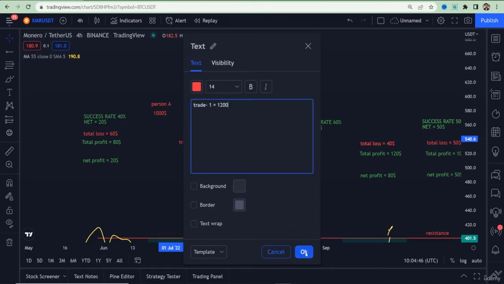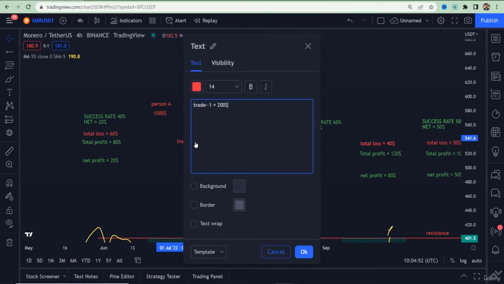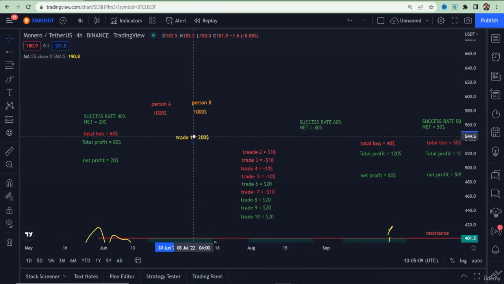So his total would be $1,200. Trade 1 is equal to $200. I'm just trying to explain something, just try to understand it my way. So he did trade 1, made $200.